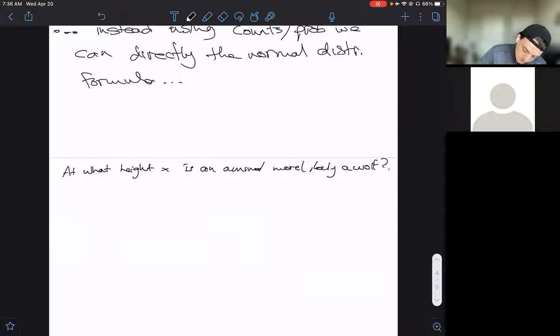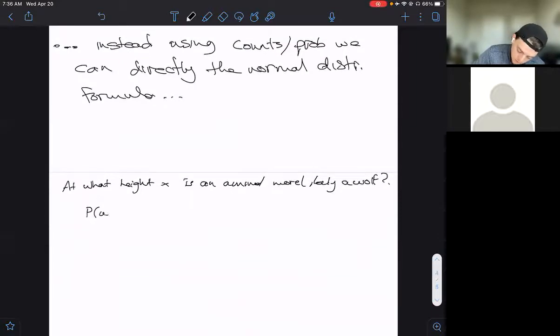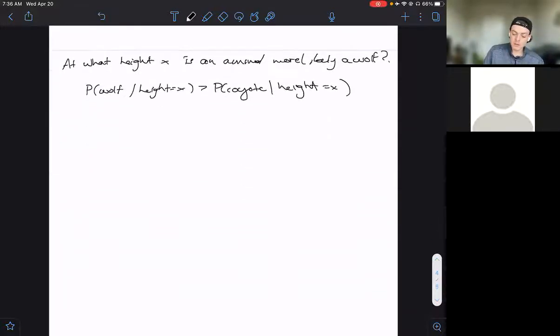And so we would ask: is the probability of the wolf given height equals x greater than the probability of coyote given height equals x? Okay, we've got the equation. We can go ahead and do the math.